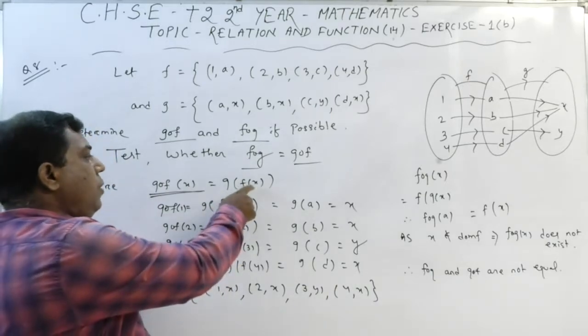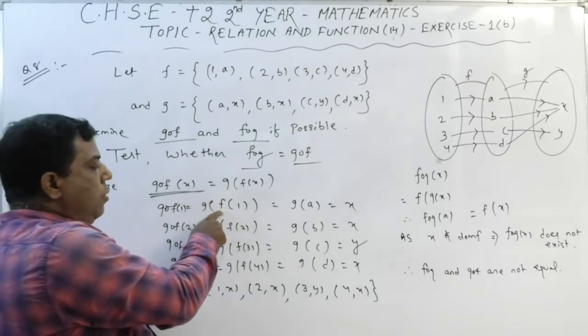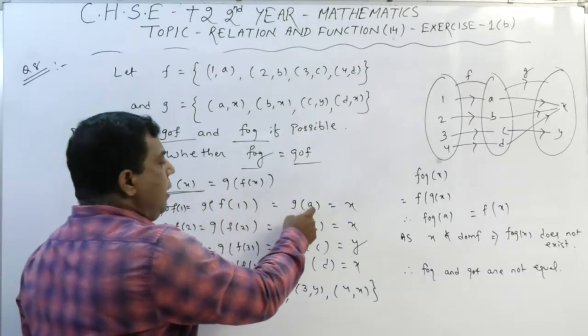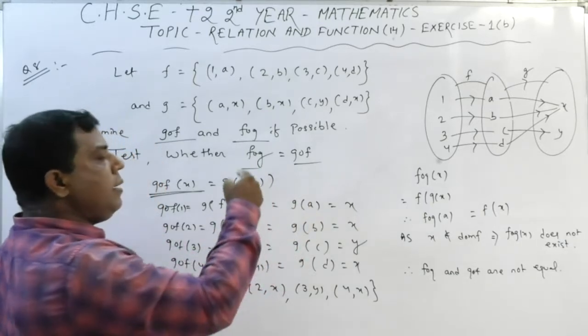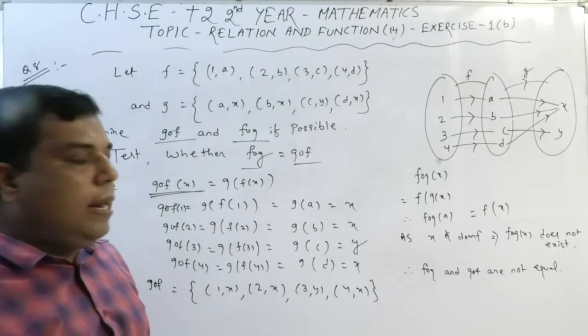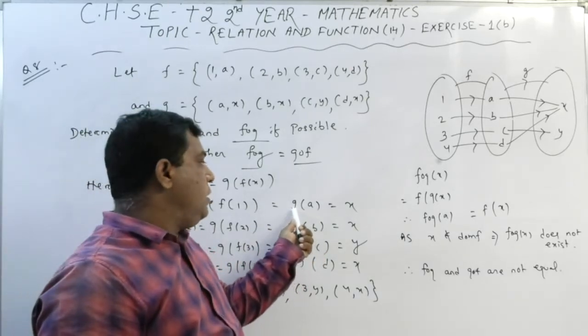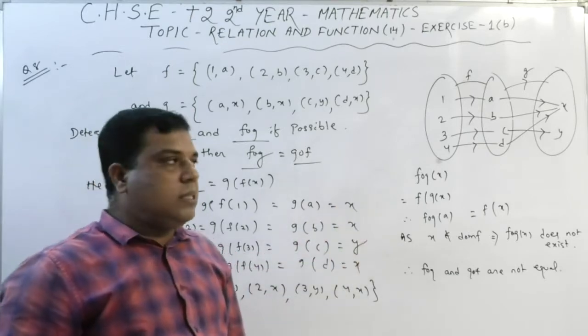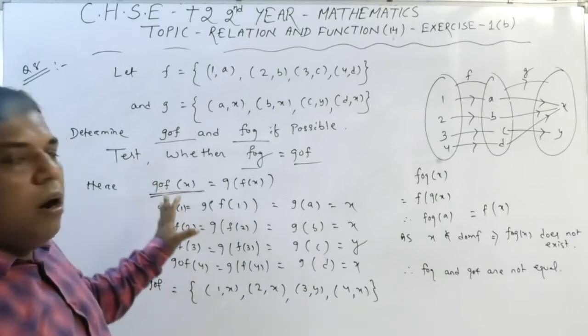Here you see initially 1 is there. f is applied on it, f of 1 is a. So that is the range value of f, and that value is behaving like a domain element of g, which is converted by g to the value x. Okay, so in this way we are able to find g∘f.